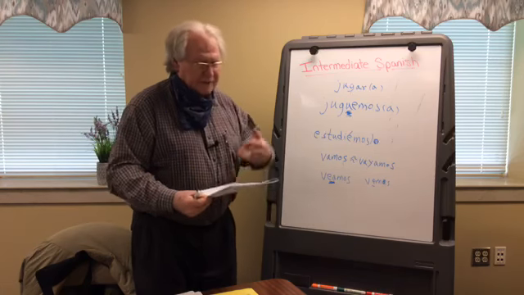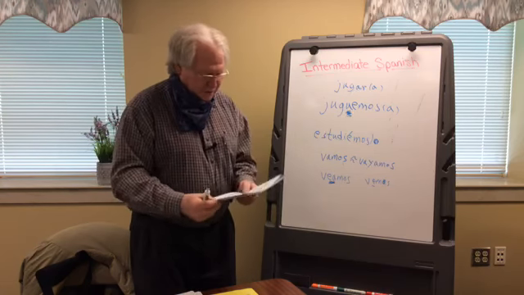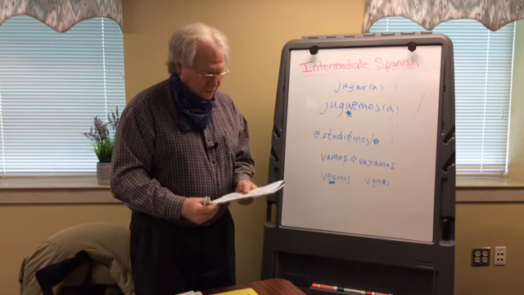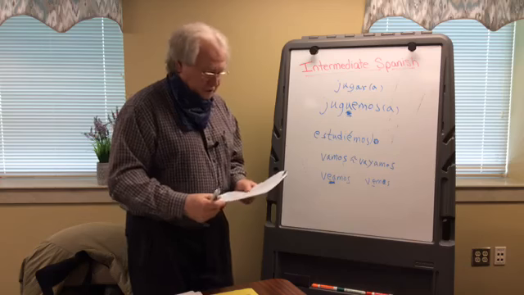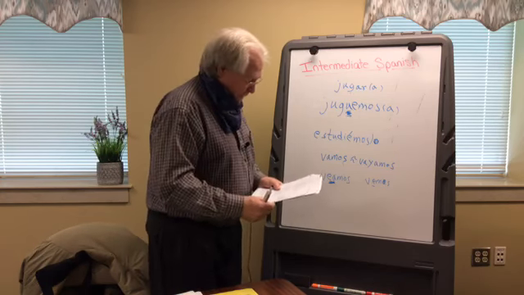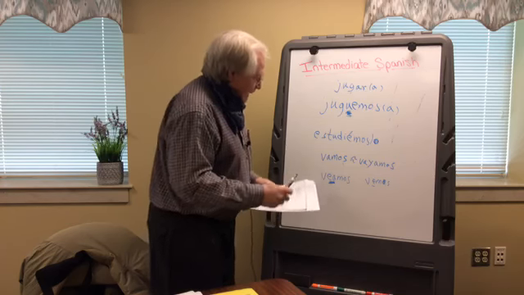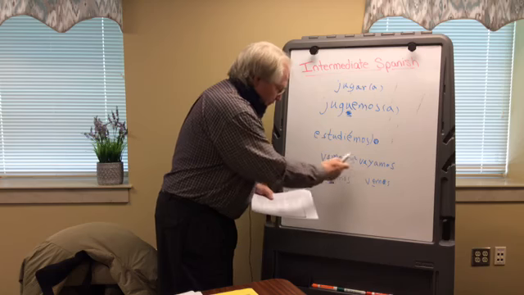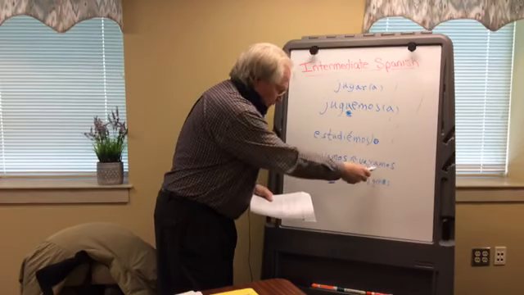Languages have a way of developing their own ways of distinguishing otherwise confusing, at least confusing similarities or identical forms. Now, vamos just happens to be used like vayamos, which is the let's do it.